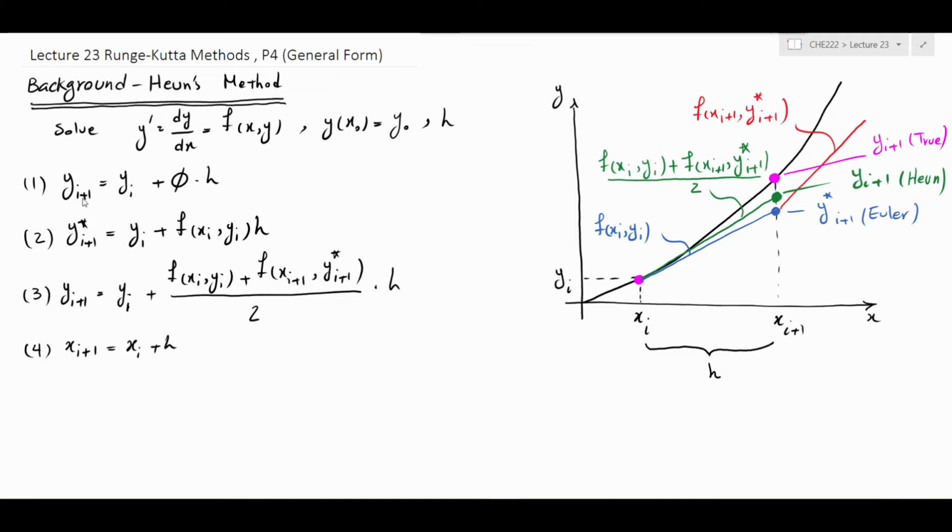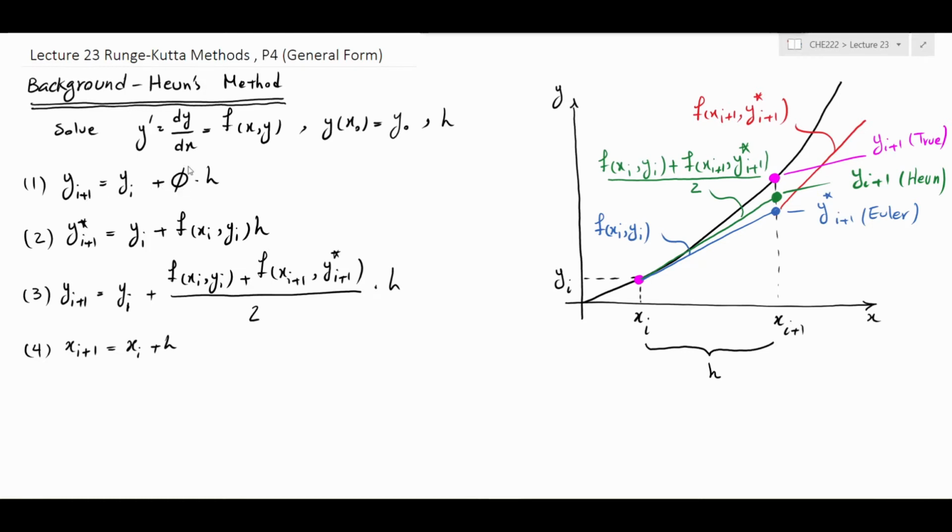If you remember, the general form of equation for extrapolation of yi plus 1 based on yi for the Runge-Kutta methods is equation number 1, which basically relates yi plus 1 to yi plus phi times h, and phi is some sort of a slope for the line that takes us from yi to yi plus 1.